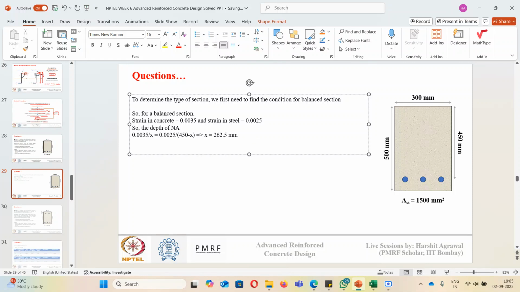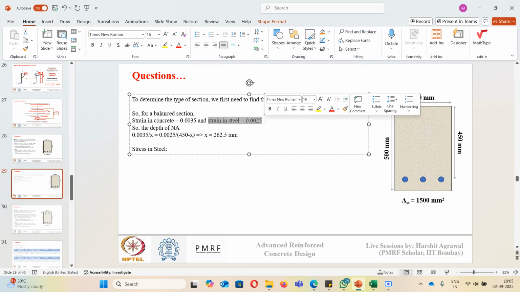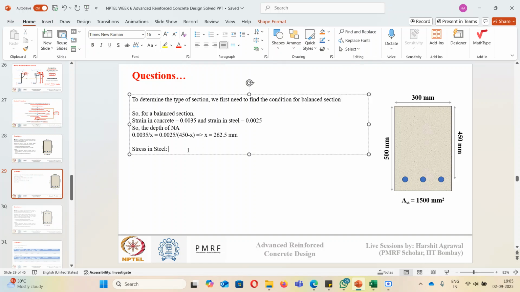Now we need to estimate stress in steel. Since steel is reaching the ultimate yielding point, the strain in steel is reaching 0.0025, so my tensile strength I can write as 500 MPa.